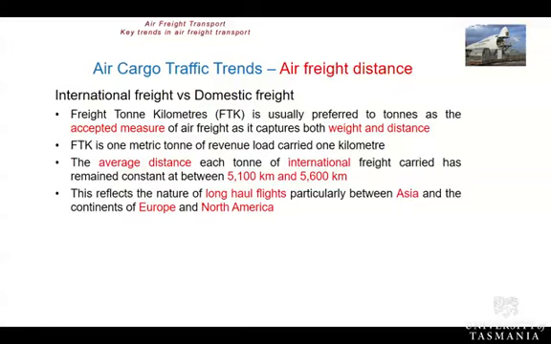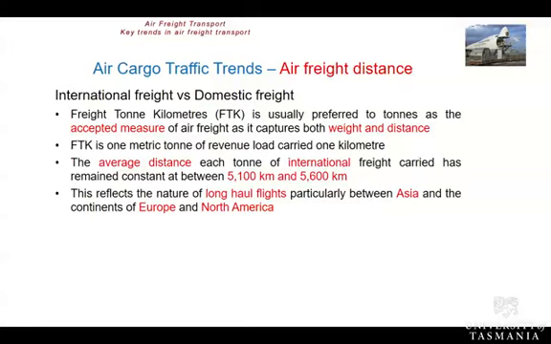And if you think about it, we're talking about international flights, so it reflects the nature of these long-haul movements, and that is particularly between Asia and Europe and Asia and North America. In terms of volumes, international freight traffic sits at about 84% of all cargo that's carried around the globe is internationally carried.